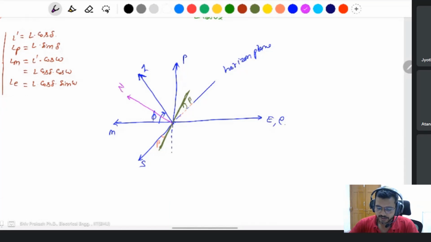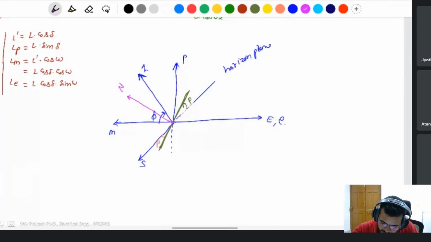You want to find the energy or insolation through the normal surface, the normal axis to the plane of the PV panel. How much solar radiation comes through the normal surface of the panel?